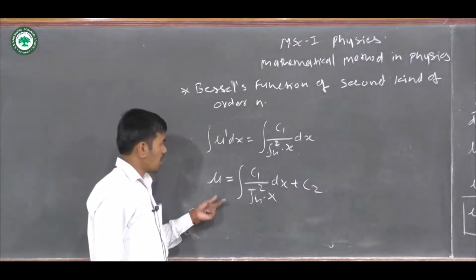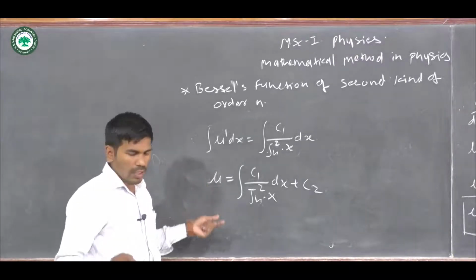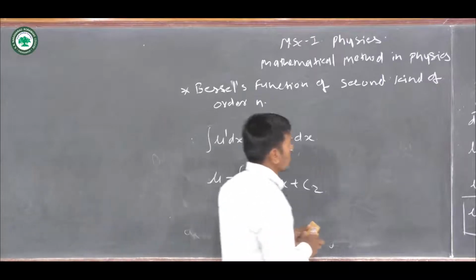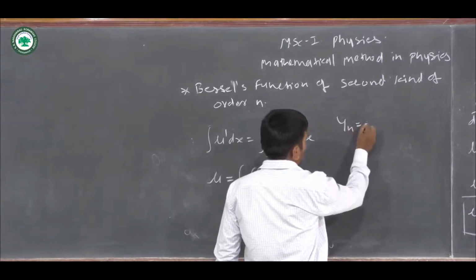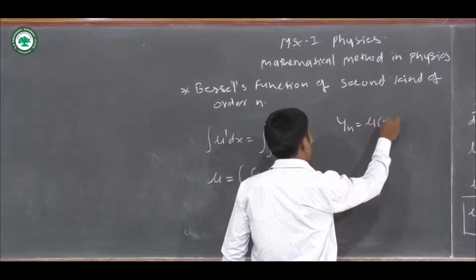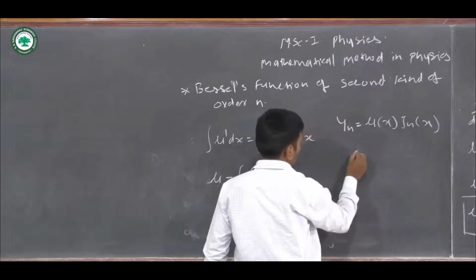Okay, so we have the expression for u. Now I put this expression into the solution we are assuming, that is y_n is equal to u(x) times J_n(x).